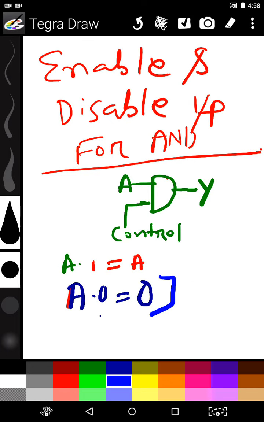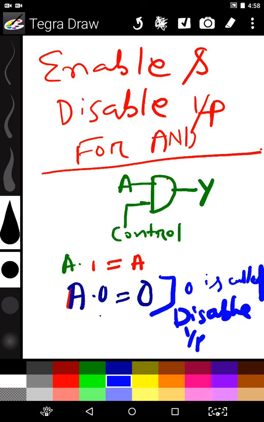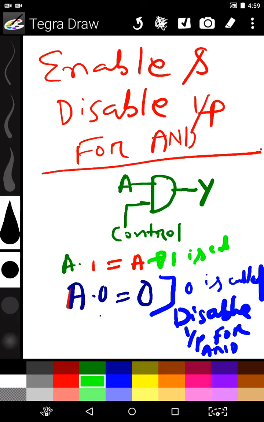So 0 is called the disable input for the AND gate, and 1 is called the enable input for the AND gate. 0 is called disable input and 1 is called enable input.